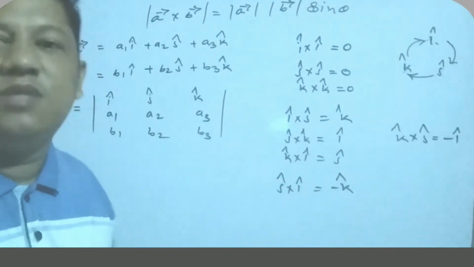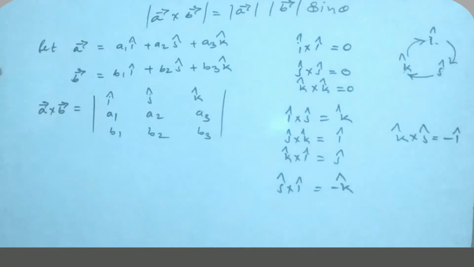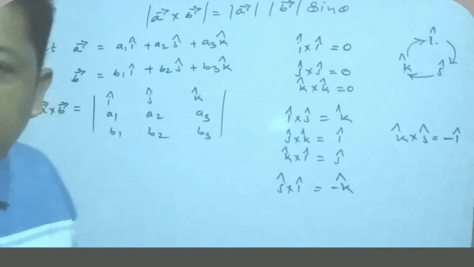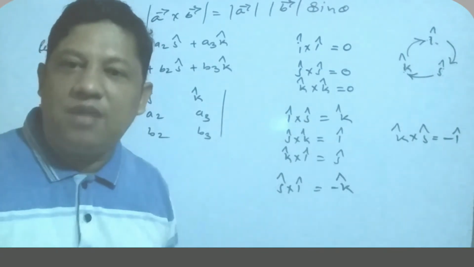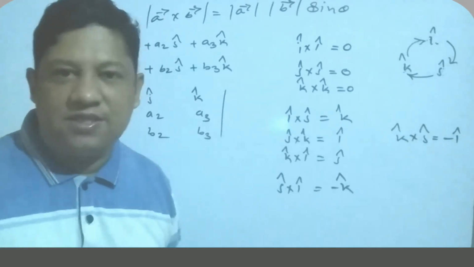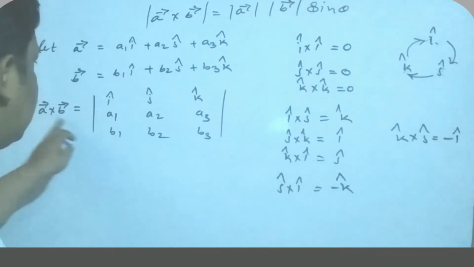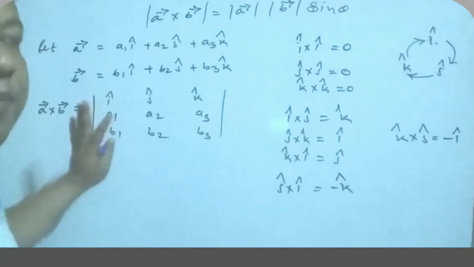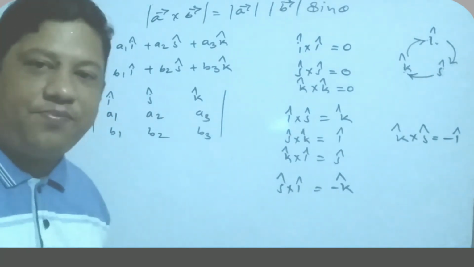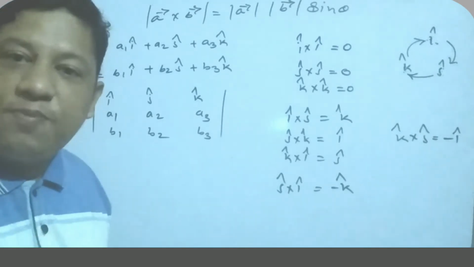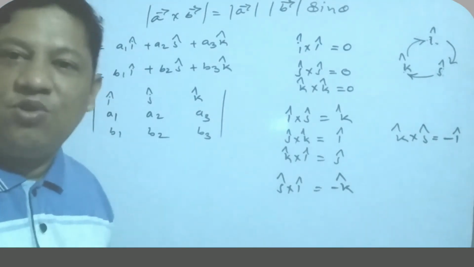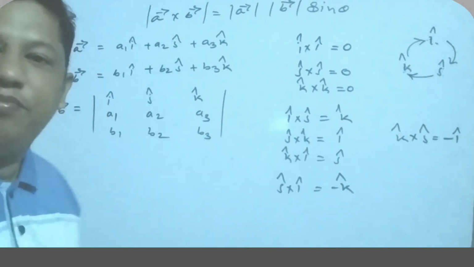It is a very important point that if in any question you want to find the perpendicular vector to both the vectors, then in these cases you can use this identity A cross B equal to this. After that you have to find the unit vector. The unit vector of the cross product is always perpendicular to the vectors.